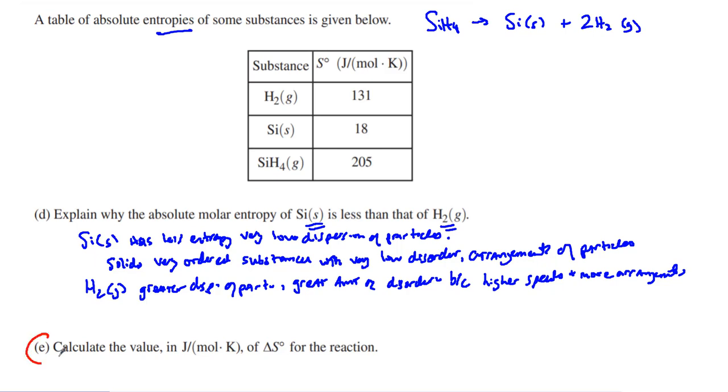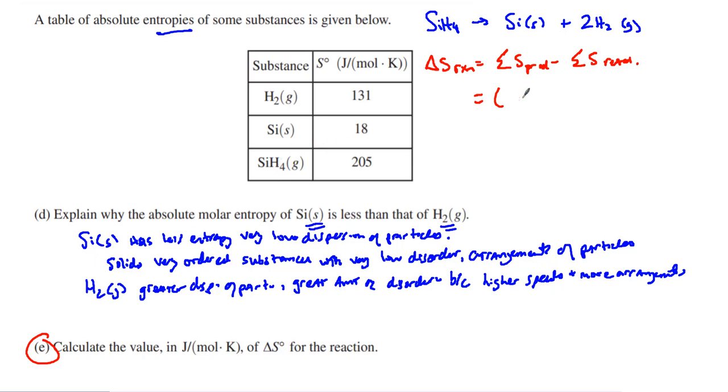Now the part E. Part E asks you to calculate the value for the delta S. So what do we do with delta S? We know delta S for our reaction is going to be the sum of the S's of the products minus the sum of the S's of the reactants. Okay, this is on your equation sheet. So we got to go to our products.